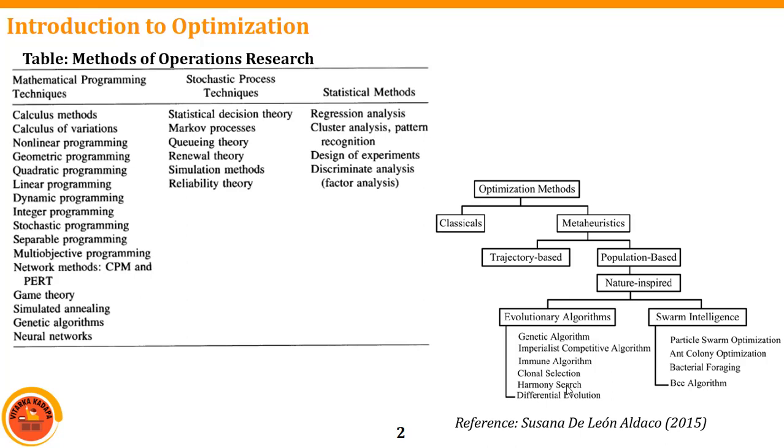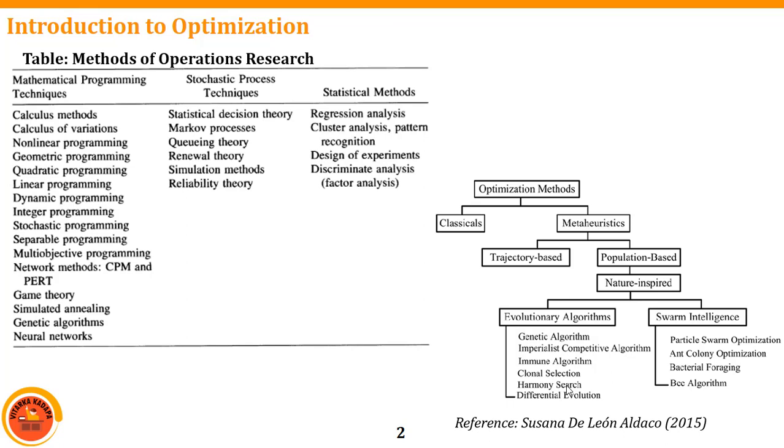Evolutionary algorithms like genetic algorithm, immune algorithm, clonal selection, harmony, and differential evolution come under the category of evolution of species, based on Charles Darwin's theory. From that theory they have derived these algorithms. The other category is swarm intelligence, which talks about a group of particles, for example a fish flock or birds flock in the sky.